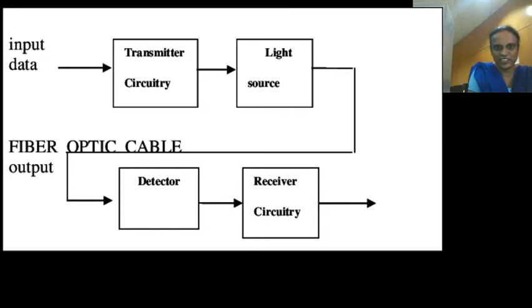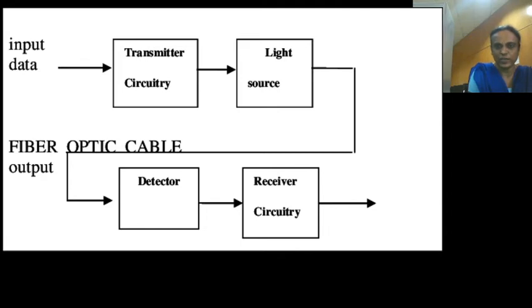One example I'll just tell you. If at the input data I have a wavelength of 1550 nanometer as lambda 1, and the next wavelength lambda 2 is equal to 1350 nanometer, then at the receiver circuitry also, the same value, lambda 1 should be 1550 nanometer and lambda 2 should be 1350 nanometer.